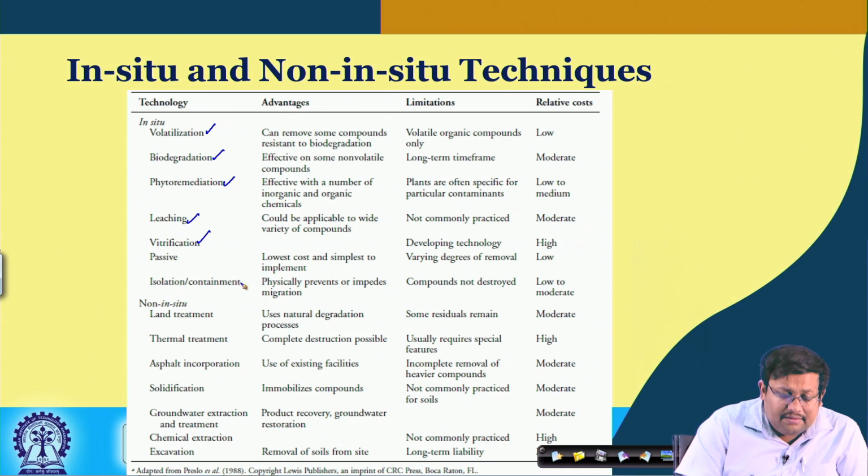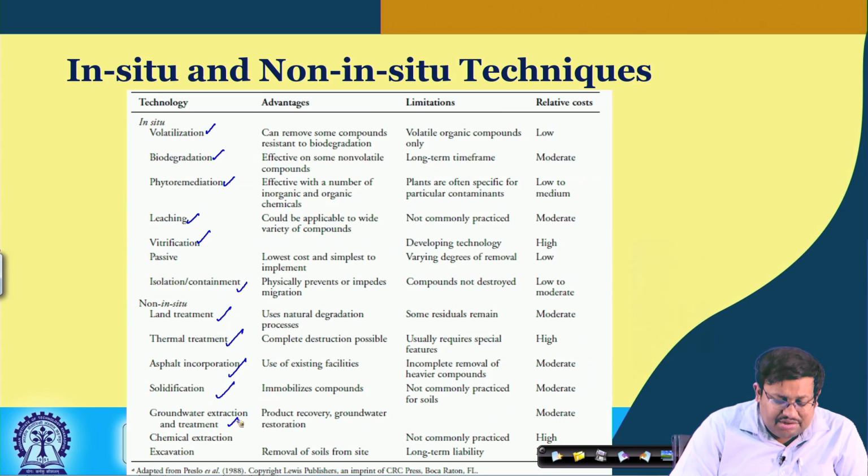In the passive methods we talked about isolation or containment of contaminants. In case of non in situ we talked about land treatment, thermal treatment, asphalt incorporation, solidification. Sometimes groundwater extraction and treatment is also there, and chemical extraction is also there.